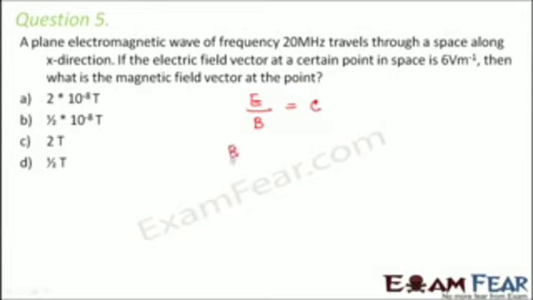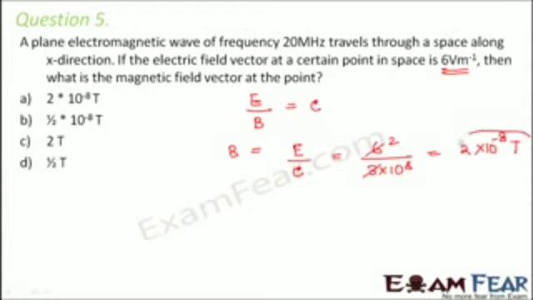So we can say that the magnetic field will be equal to electric field divided by c. In this case, the value of the electric field vector at the point is 6 volts per meter and the speed of light is 3 into 10 to the power 8. So this is equal to 2 into 10 to the power minus 8 Tesla. That is option A.